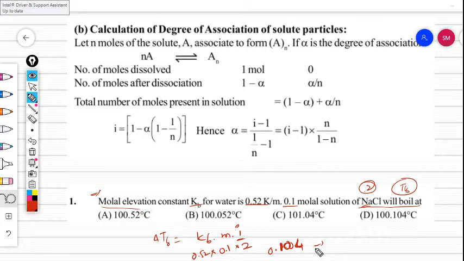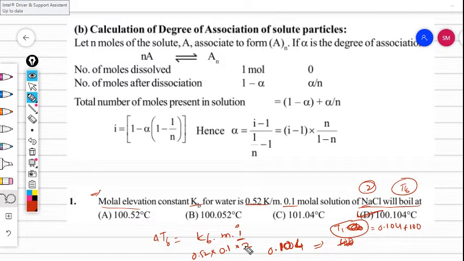The boiling point of water is 100 degrees centigrade, and delta Tb is Ts minus T0, so Ts we need to calculate. If you add T0 to this delta Tb, it gives Ts. So Ts will be 100 plus 0.104, and that is option D.